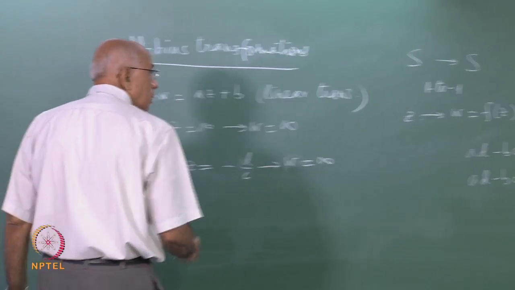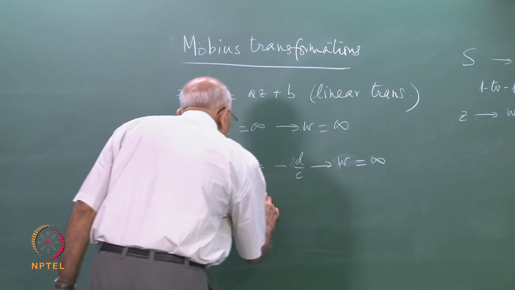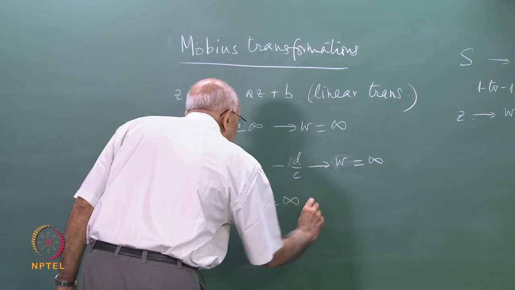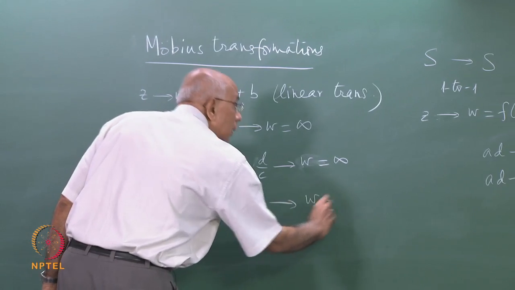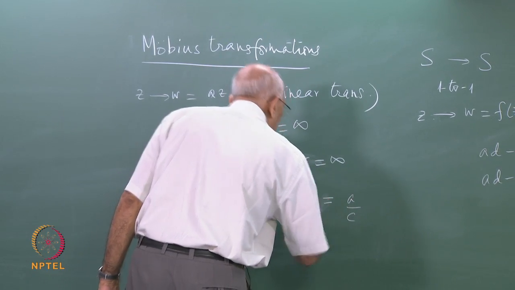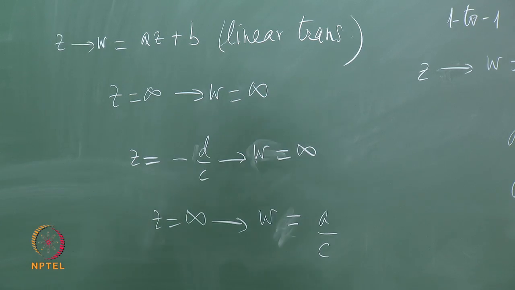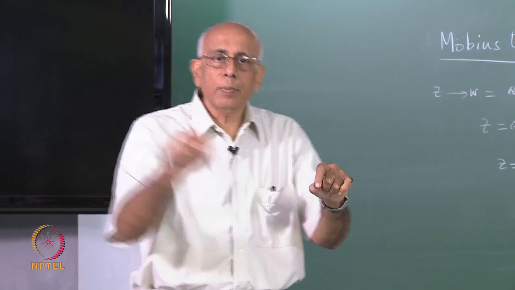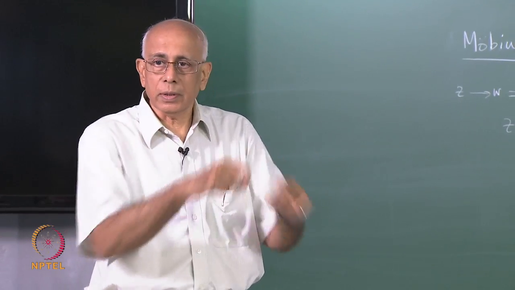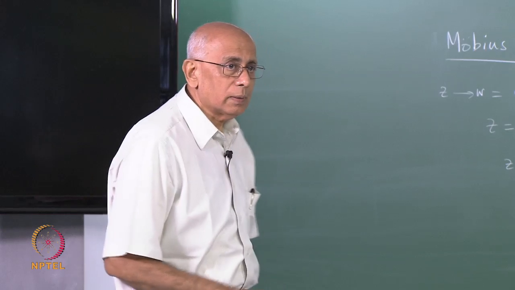Incidentally, that also tells you that the point Z equal to infinity is mapped onto W equal to A over C. So in general, the point at infinity in the original Riemann sphere is mapped to some other point, and vice versa, some other point is mapped to the point at infinity.